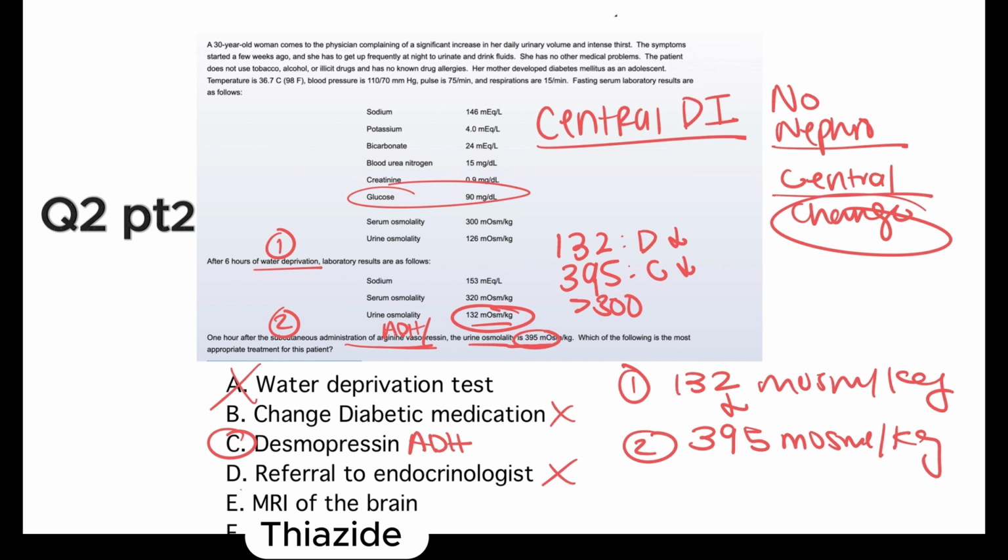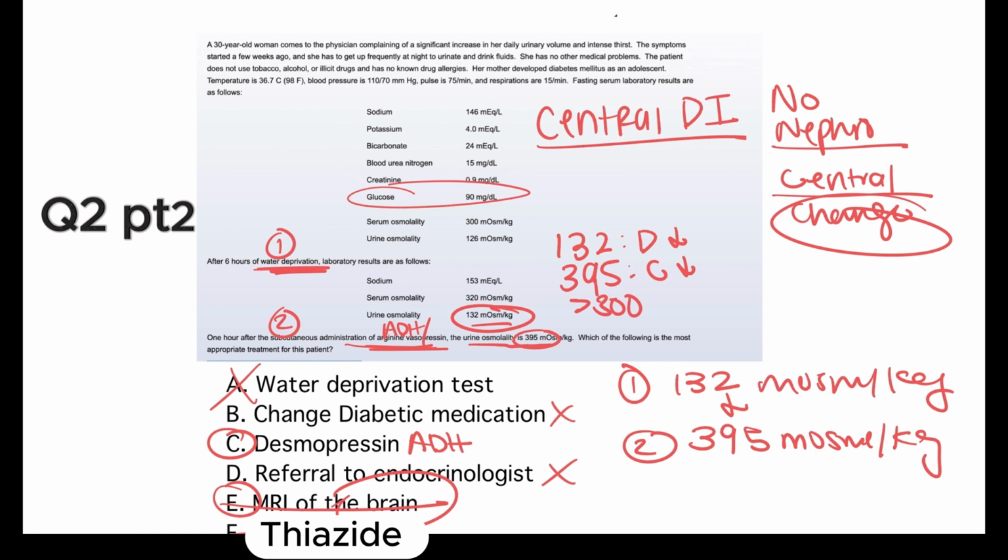MRI of the brain? No, because that's not going to help you, right? This is not telling you anything. The water deprivation test and the ADH analog is basically giving you the proper workup to figure out what is going on with the patient. You don't need a brain MRI to understand the difference between central and nephro.